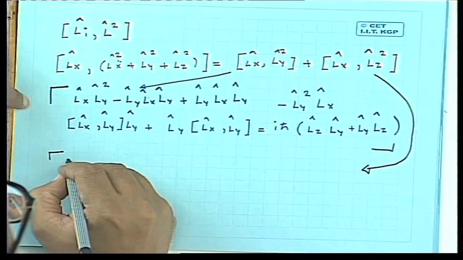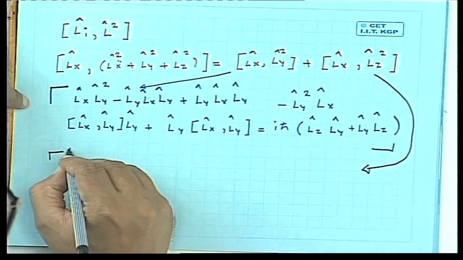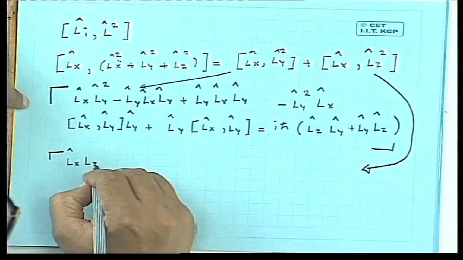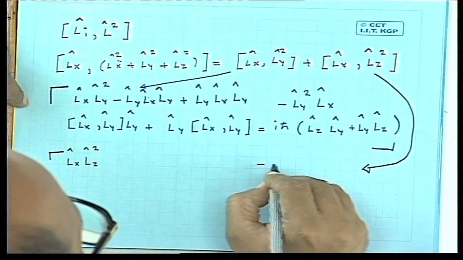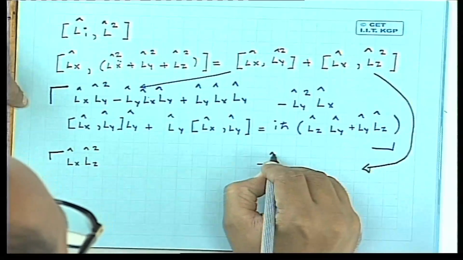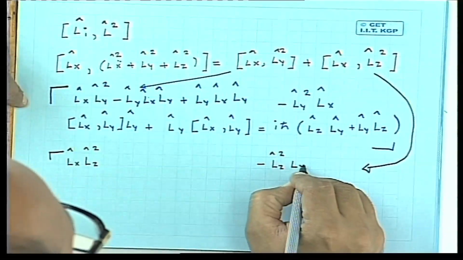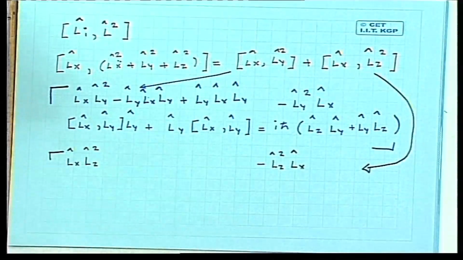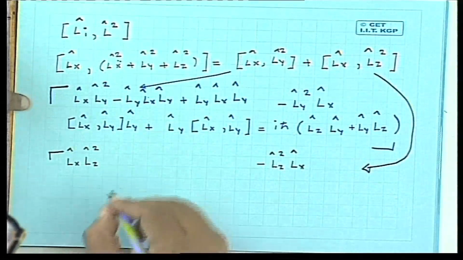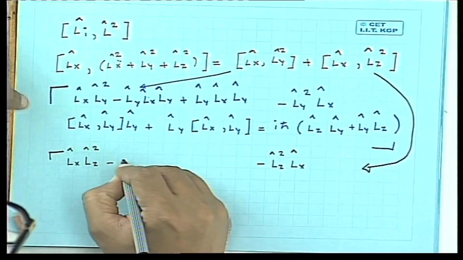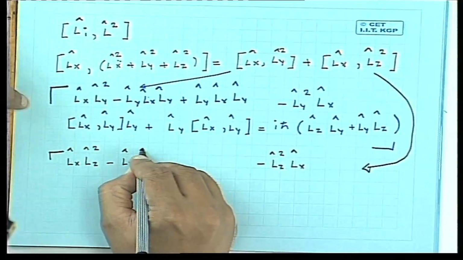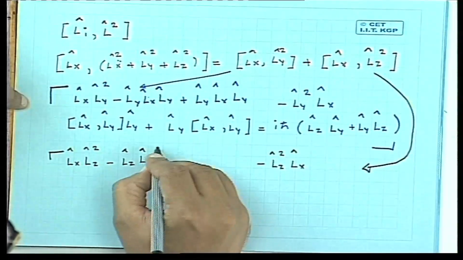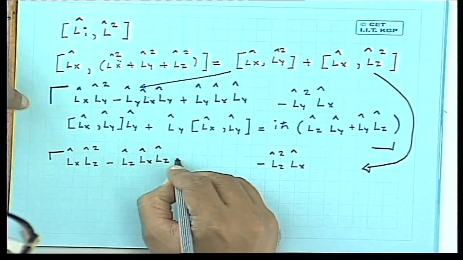So, I have Lx Lz squared, and I write the minus Lz squared Lx over here. Now, we repeat the same procedure. So, we put in an extra Lz Lx Lz over here, and we add the same term.